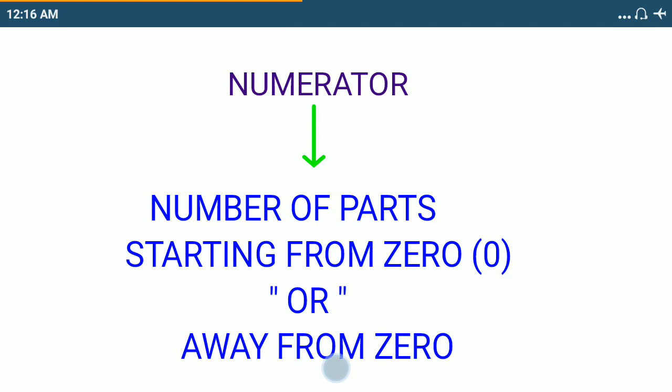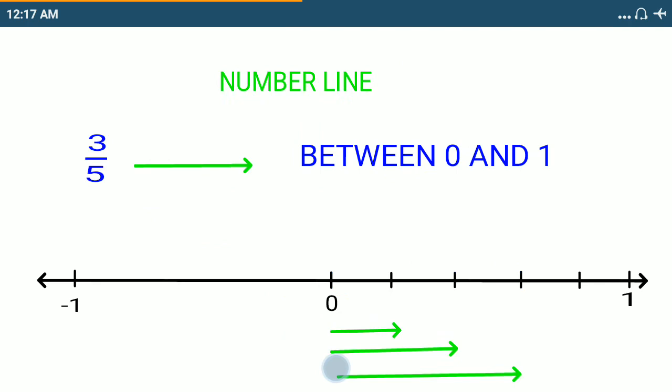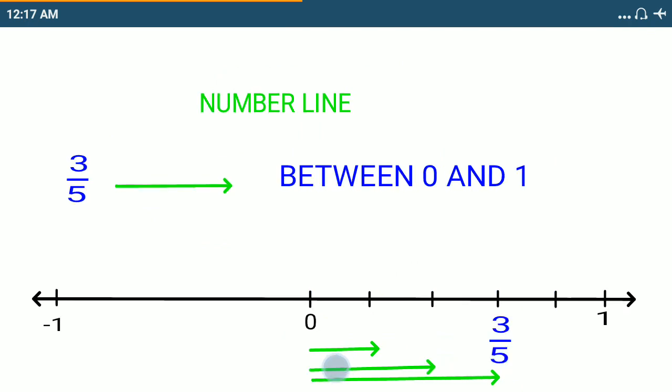Students, here the numerator is 3, so we move 3 equal parts away from 0: 1, 2 and 3. So we mark 3 by 5 here.